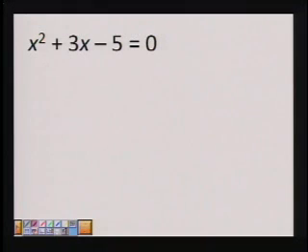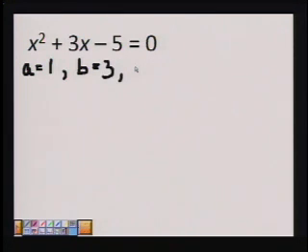Let's try an example. X squared plus 3x minus 5 equals 0. A is the coefficient of x squared, so a equals 1. B is the coefficient of x, so b equals 3. C is the constant term. That's the number with no variable. So c equals negative 5.